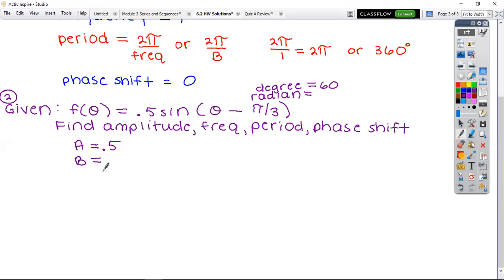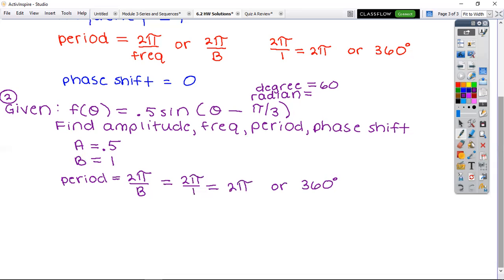So yep, you can use the letters too if that's helpful. What's our frequency again? Yeah, just 1. Then I'm going to do period is equal to 2 pi divided by frequency, which again is just 2 pi divided by 1, which is 2 pi. Again, just in your head, make sure that you are aware that is equivalent to 360 degrees. And then I asked you for a phase shift. Does this one have a phase shift? Yes. So I'm going to do here phase shift.